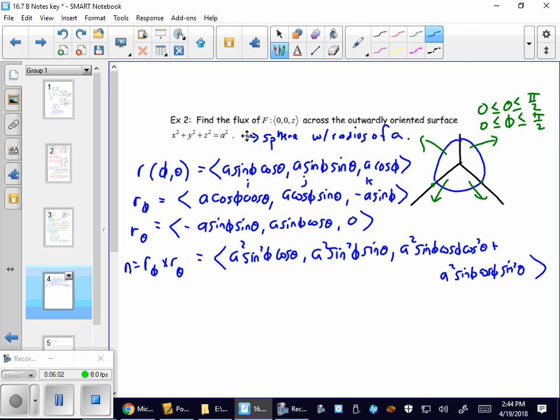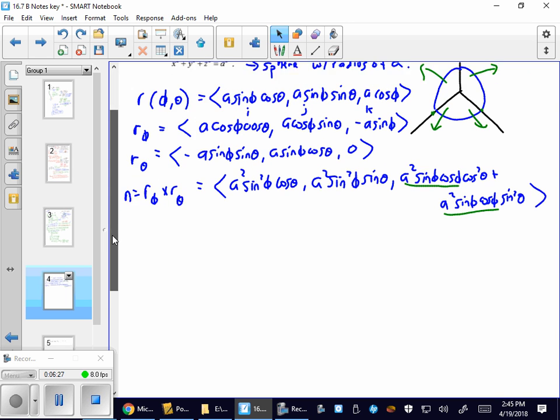All right, I probably could have taken a shortcut there, because if you realize that if I factored out this from each one of those, I'll have a cosine squared plus sine squared of theta left over. So really what I'm left with there is the a squared sine phi cosine phi.